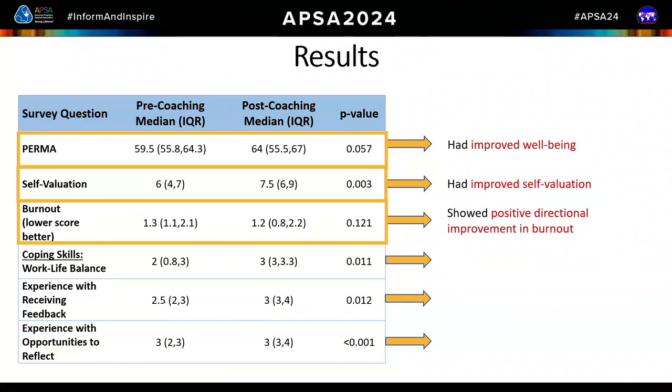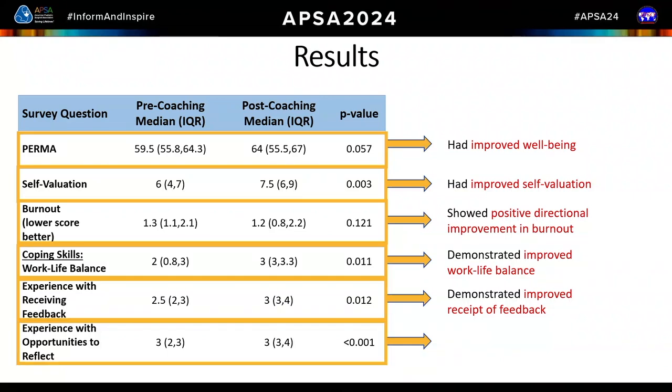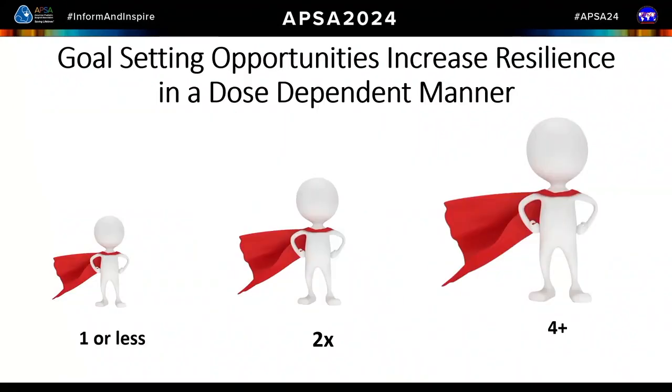There were also significant improvements in coping skills, including improved work-life balance, experience with receiving feedback, and experience with opportunities to reflect. Additionally, we found that goal-setting opportunities increase resilience in a dose-dependent manner, meaning that those residents who had more than 4 coaching sessions felt that they were more resilient overall.